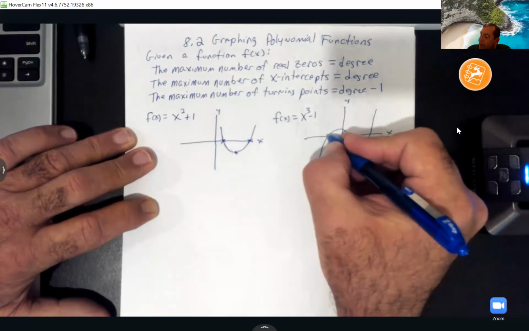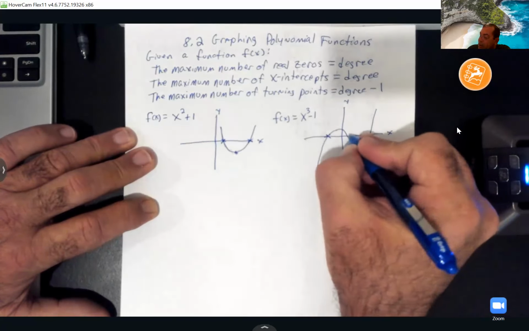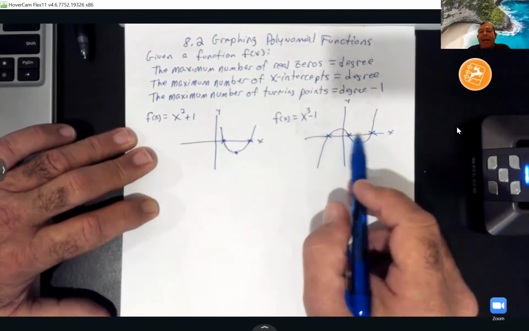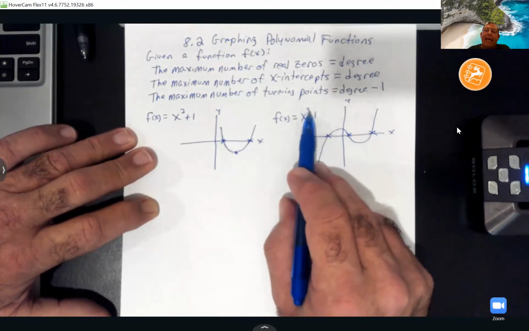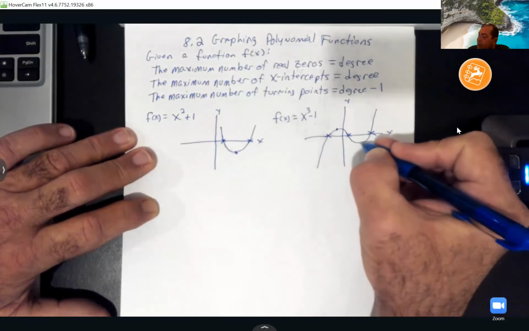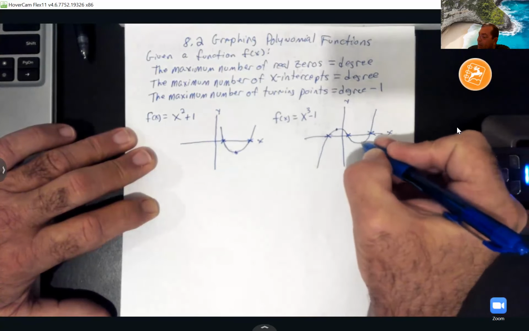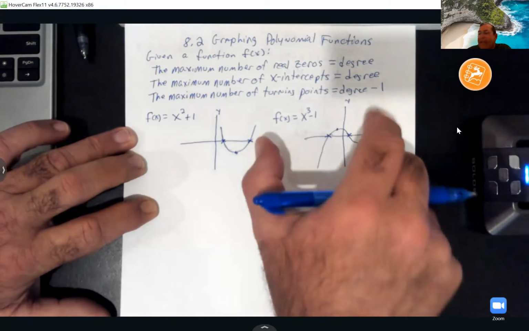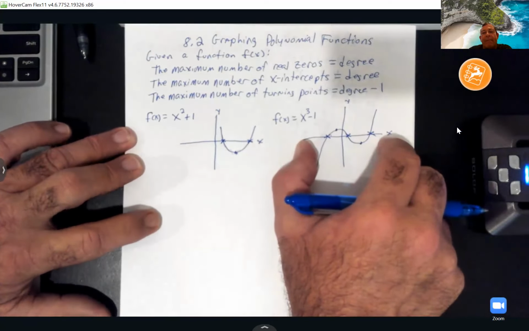So look here. It crosses 1, 2, 3. That's the maximum number it's going to cross that x-axis is 3. And then look here. It turned once here and once here. So 3 minus 1 is 2. So this one turns twice. That's the maximum that these things can happen.